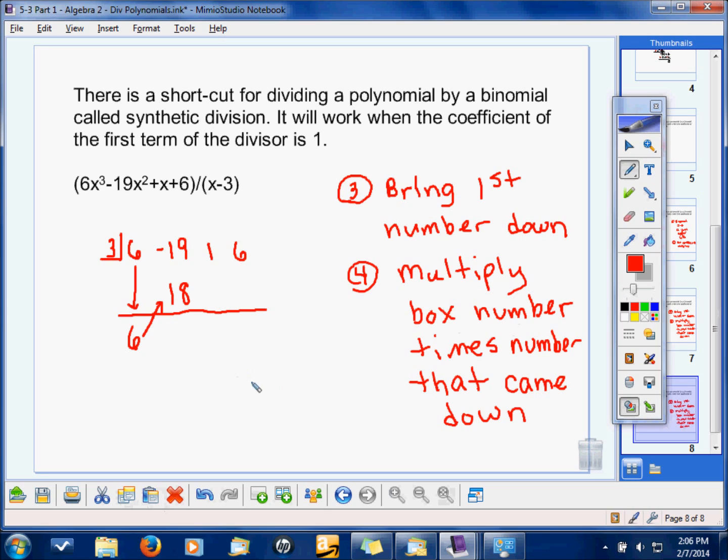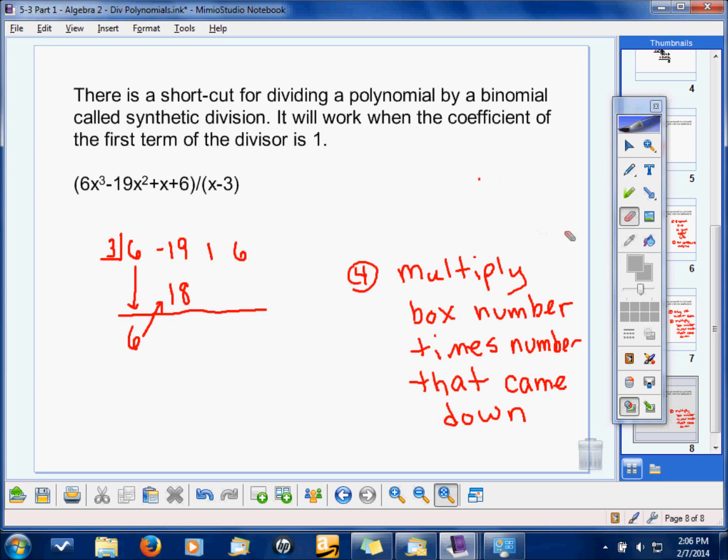All right, after that, you're going to add these two numbers. You're going to add the column. Okay, so I'm going to actually change colors.